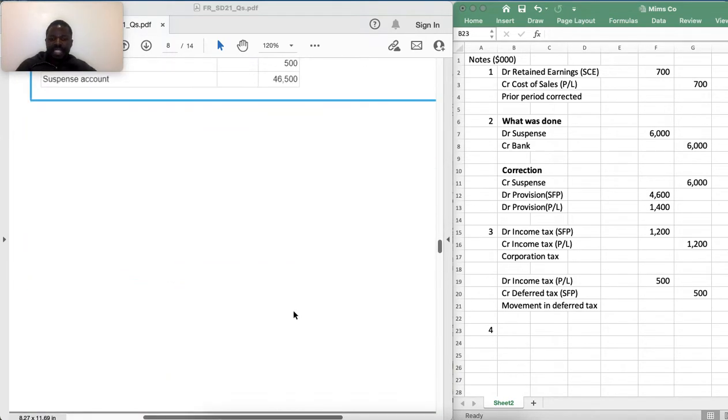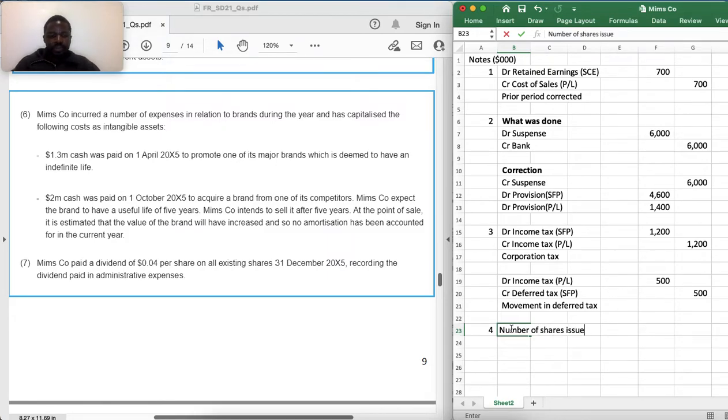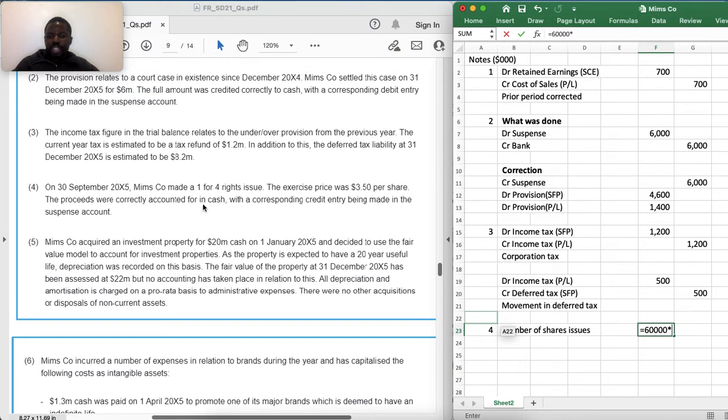So there are 60,000 shares, in thousands. So the number of shares issued: we are told the existing number is 60,000, multiplied by 1 divided by 4. So they issued 15,000 shares.